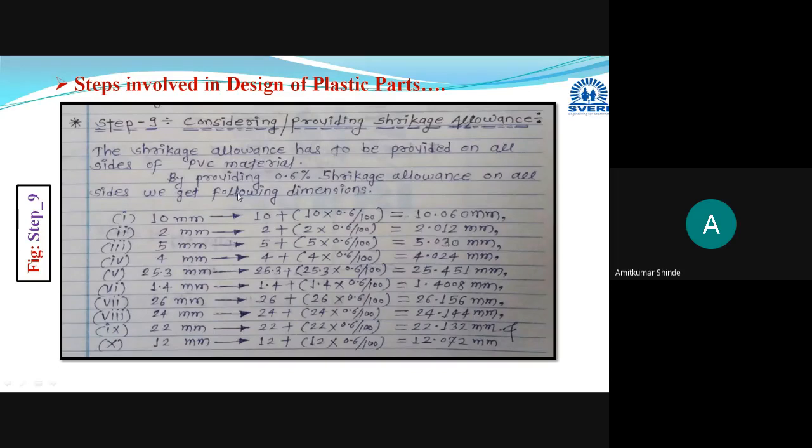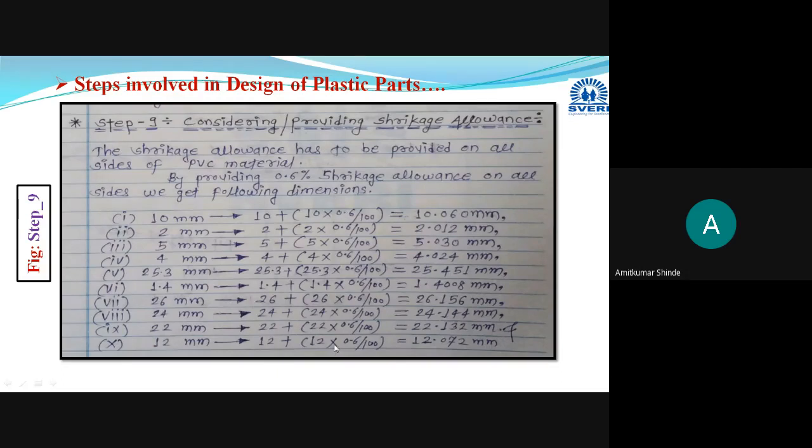These are some simple dimensions. For each dimension, you have to add 0.6% of that dimension, that is nothing but the shrinkage allowance. The shrinkage allowance has to be provided on all sides of that PVC material. Now here, by providing 0.6% shrinkage allowance on all sides, we get the following dimensions.